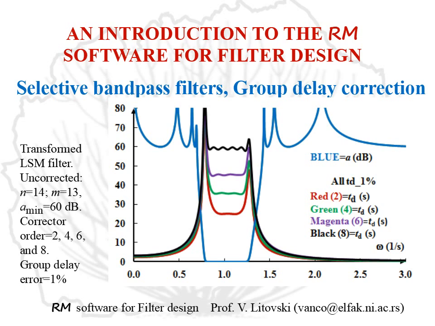Four group delay characteristics are shown. The corrector is of order 2, 4, 6 and 8 and the group delay error is 1%. As one can see the interval is getting broader and broader with the rise of the complexity of the corrector.